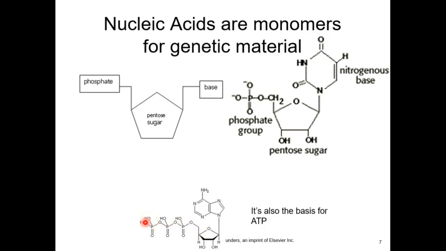So nucleic acids are also the monomer for ATP, in addition to genes. So anything that you consume that was alive, any plant, any animal, has nucleic acids.